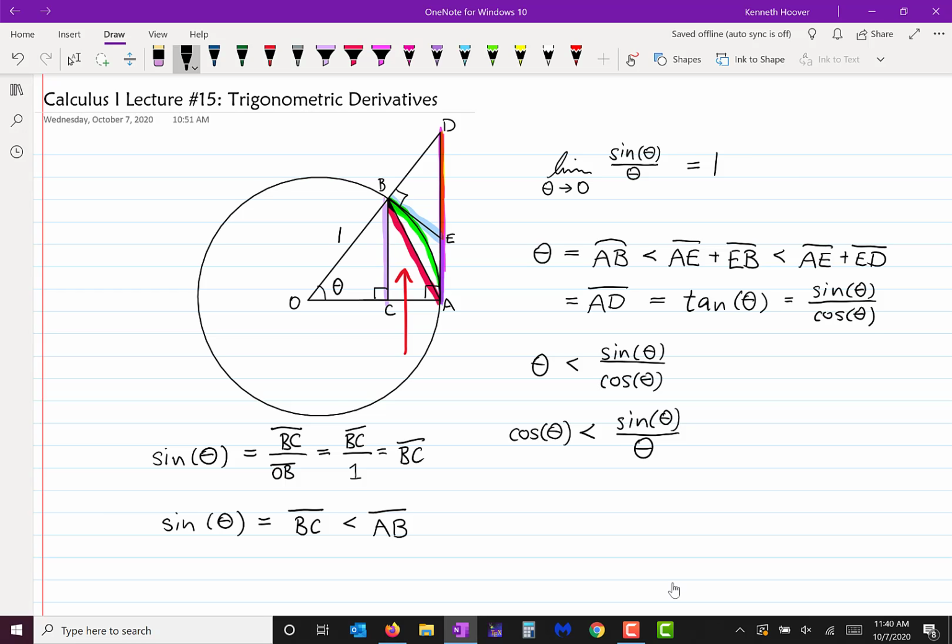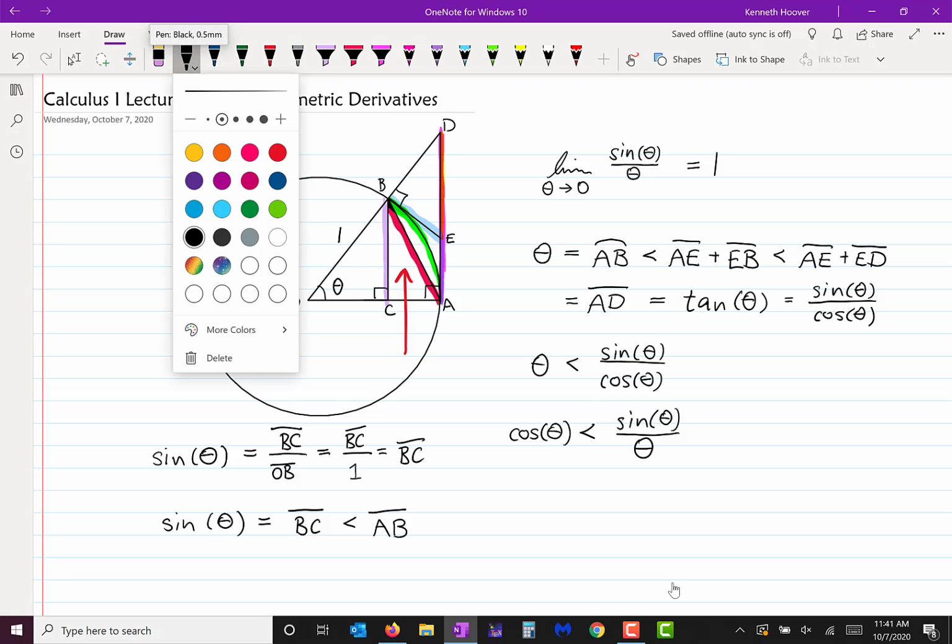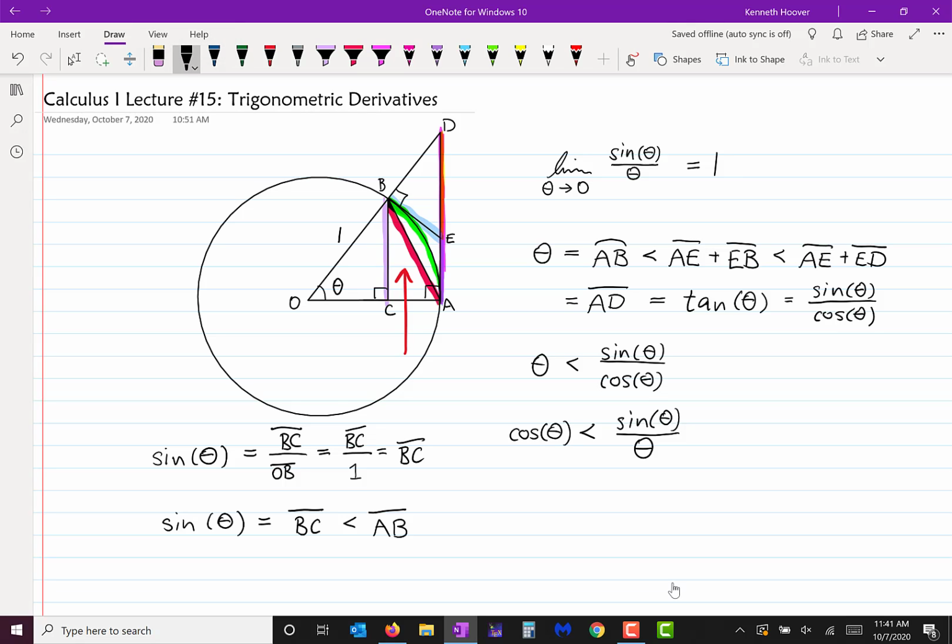If you're going from A to B and you walk along the red, which is a straight line, that's going to be shorter than walking along the green, which is a part of a circle. So I'm going to write down that line segment AB is less than arc AB. And do you remember how long arc AB is? We wrote that down at the beginning right there. The length of that arc is equal to theta.